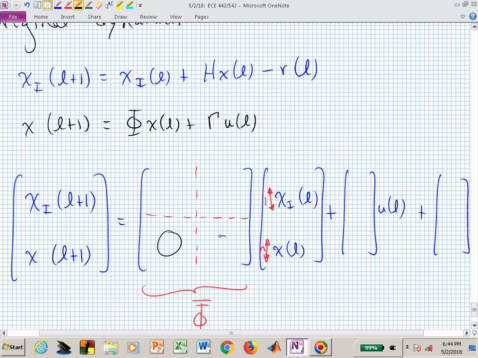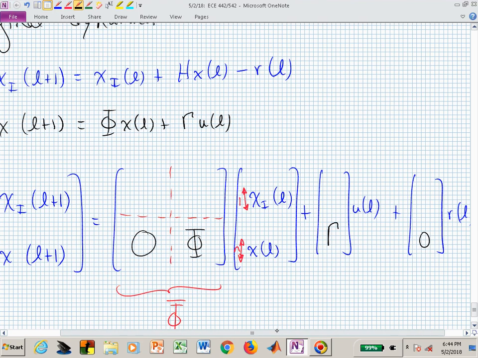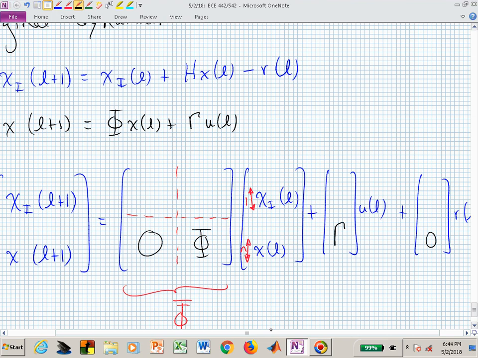What's here? The original system matrix. Do we need any other entries? Well, yes, we need to put in the u, and we don't need any r driving x. Can we now fill in the pieces for x sub I of L plus 1's dynamics?